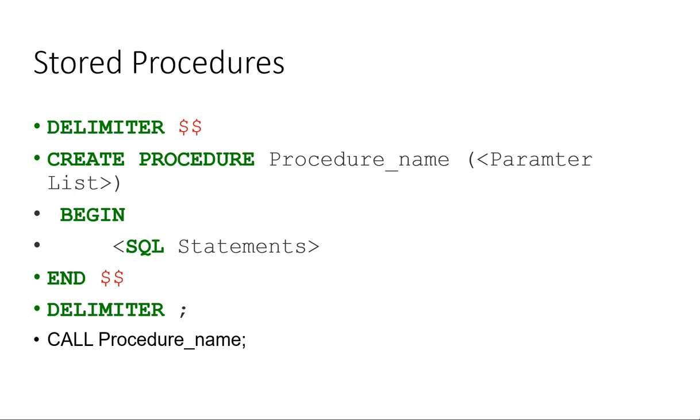I'm going to explain the syntax of a stored procedure along with an example. So how to write? First we change the default delimiter by giving this command. Then we write the create procedure keyword, and then the procedure name, whatever we want to put.